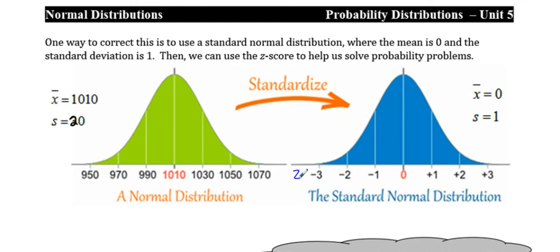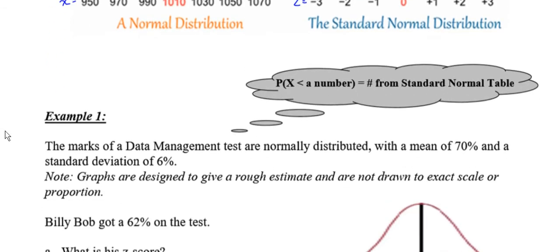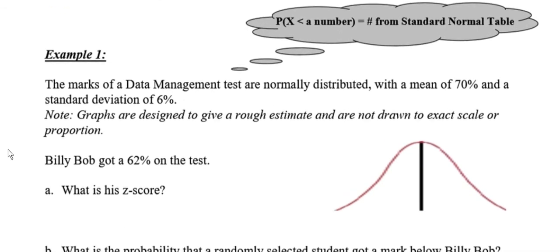These here are z-scores, these here are data values. Once they're changed into z-scores, the mean now becomes 0 and the standard deviation becomes 1. So you see how this works out in an example.